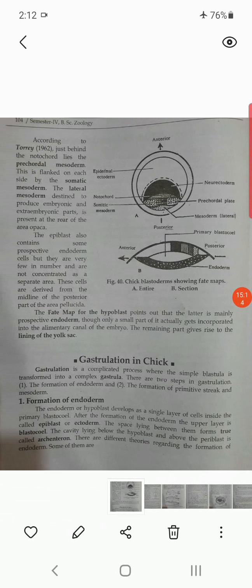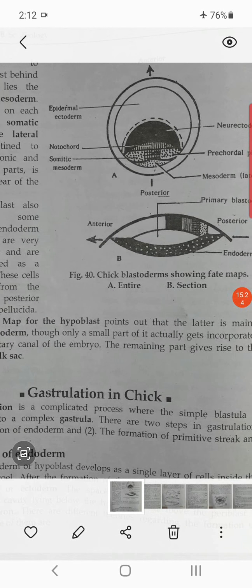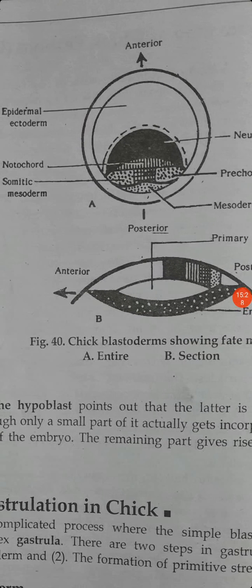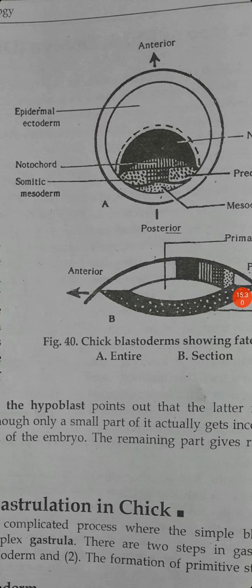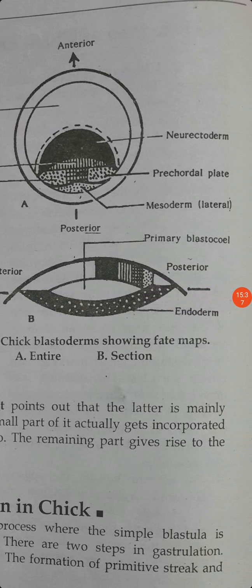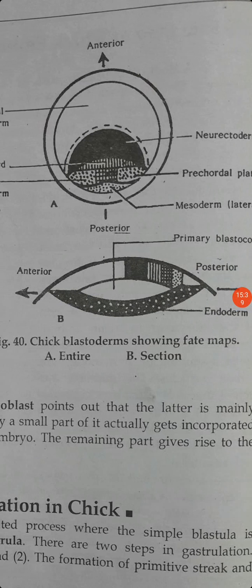Now, when you see the chick blastoderm showing the fate map from the upper side and the LS, see here. The anterior, posterior side, epidermal ectoderm, notochord in between, somatic mesoderm. Just as we have seen, neuroectoderm, precaudal plate, and mesoderm.